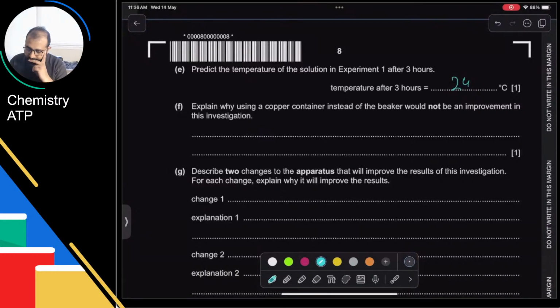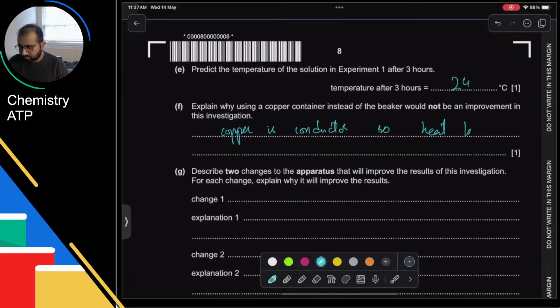Explain why using a copper container instead of a beaker would not be an improvement. Okay, so a copper container instead of a beaker would not be an improvement because copper is a conductor, right? So it is going to increase the speed with which heat is lost, so heat loss will increase.